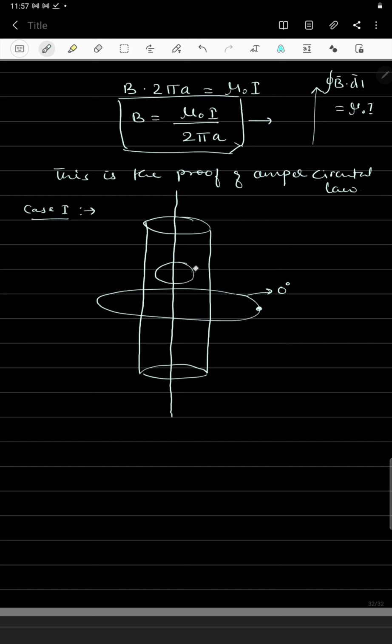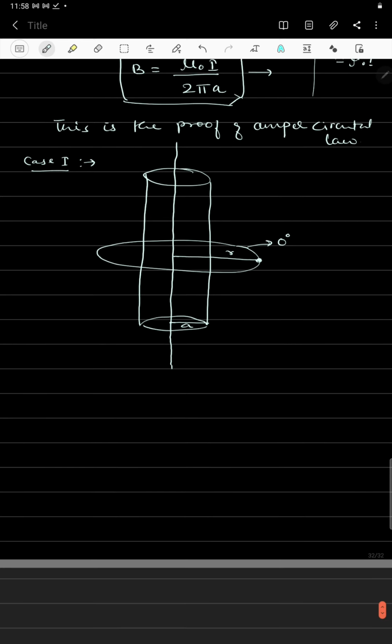Now this is the distance r, and the distance from the axis of the conductor to the end of the conductor is a, which we will consider. In this case r is greater than a.